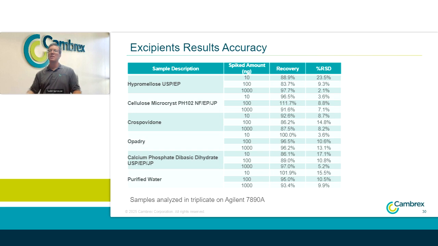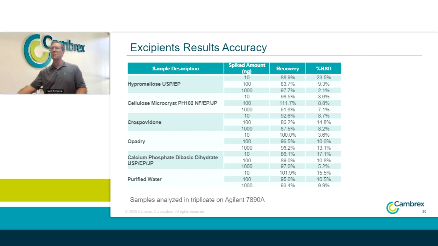And looking at some basic excipients that are used in common formulations, we did spike accuracy from 10 nanograms up to 1,000 nanograms with relatively good accuracy, 70 to 130% recovery for all of the samples.